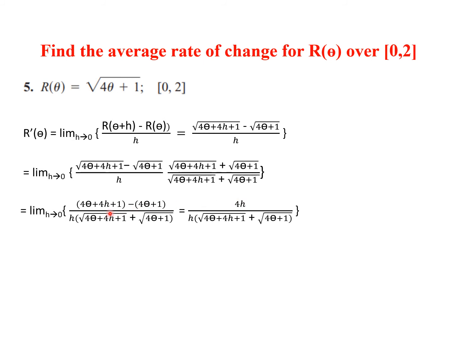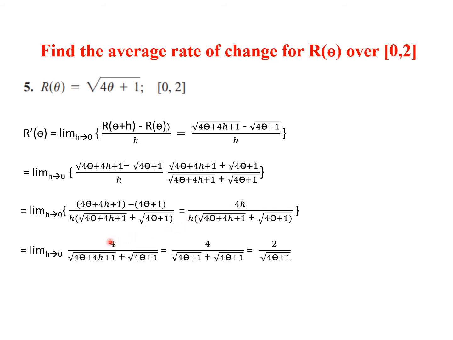The denominator will remain the same, h multiplied by the conjugate, and that's going to give us 4h divided by h multiplied by the conjugate. We can just get rid of the h in the numerator and the h in the denominator, and we'll end up with 4 divided by the conjugate.